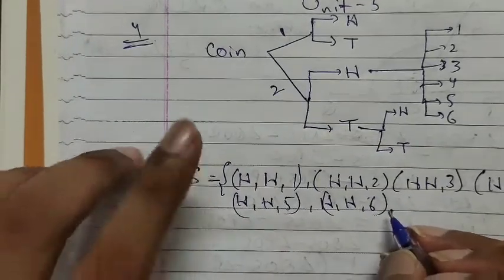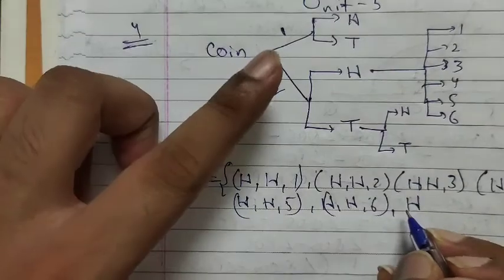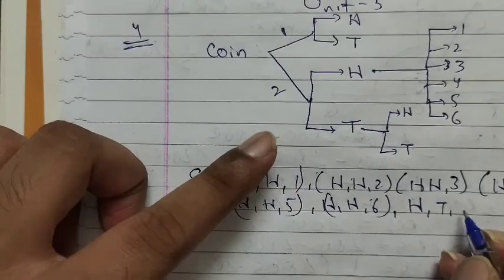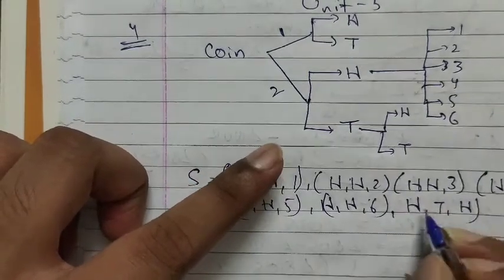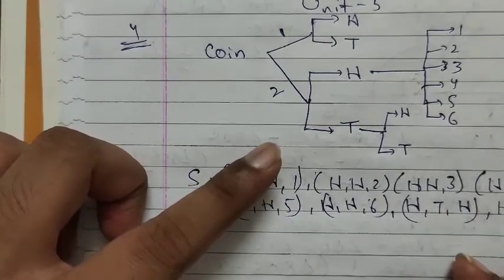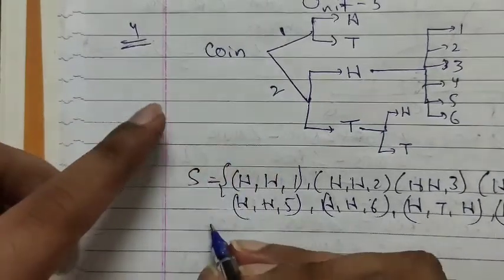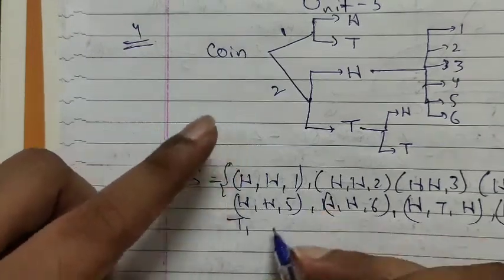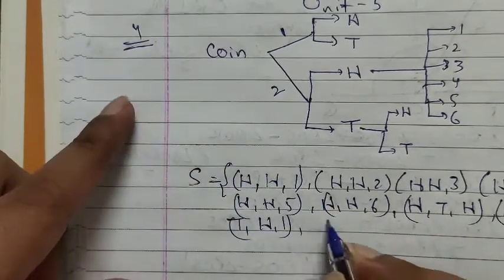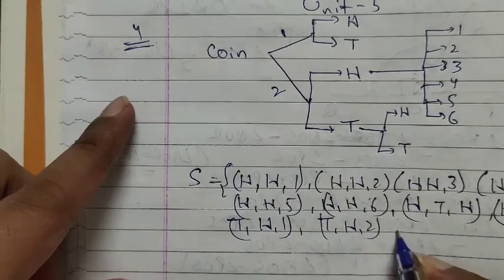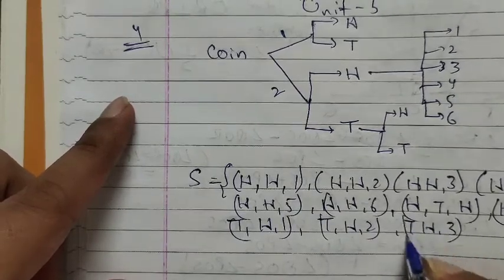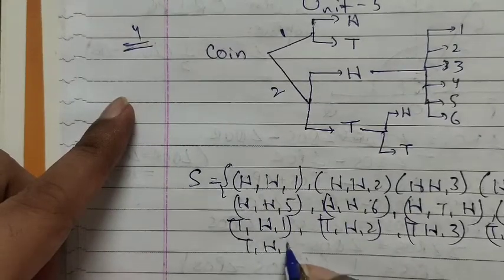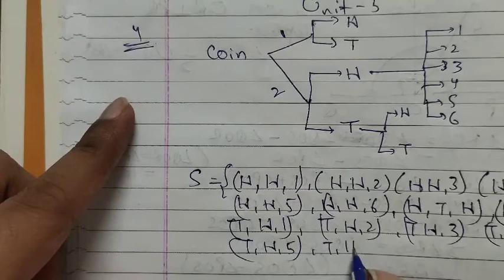Again, if in the first coin we have head and in the second coin we have tail, then the options will be head, tail, tail. If in the first coin we have tail and the second coin head, then tail head 1, tail head 2, tail head 3, tail head 4, tail head 5, tail head 6.